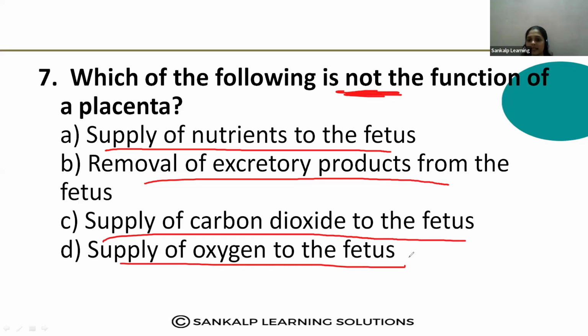Seventh one, C. Yes, many are writing the correct answer. That is C, supply of carbon dioxide to the fetus, because that should not be a supply, that should be a removal of carbon dioxide. Fetus does not need the carbon dioxide. So the correct answer is option C.